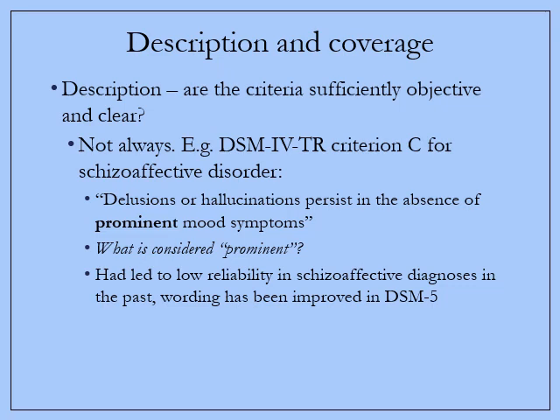And this was always a big issue for all of us who worked with schizophrenia and mood disorders, because what is prominent? Nobody could ever decide what a prominent mood symptom was, and this led to low reliability across the field in schizoaffective diagnoses. The wording has been improved in the DSM-5. It's a little bit better, but it's still a little challenging.